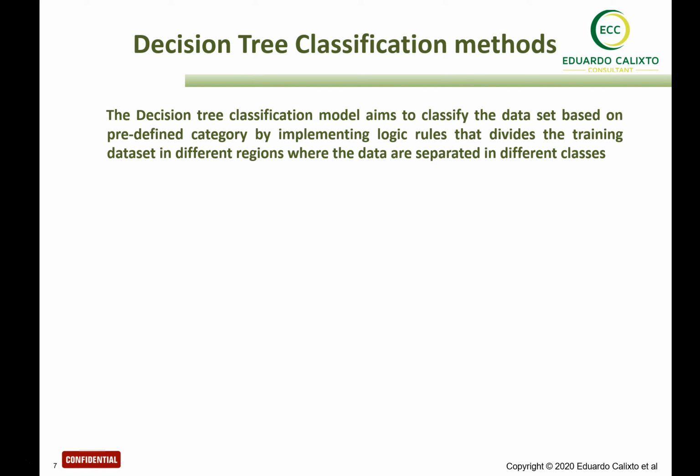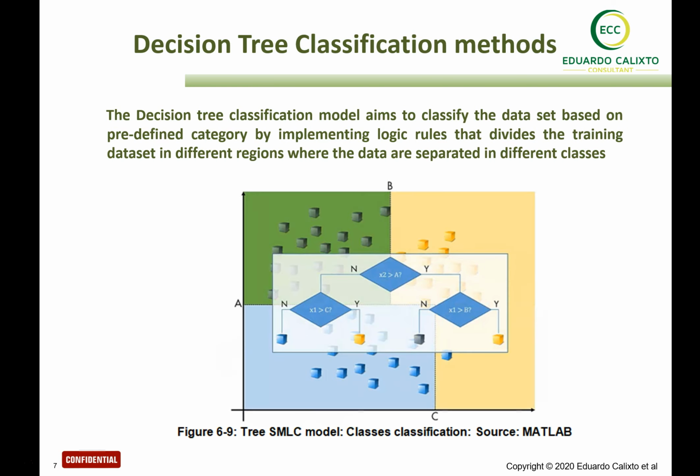The decision tree model aims to classify the data sets based on predefined categories by implementing logic rules that divide the training data set into different regions where the data are separated into different classes. So it's very easy to understand based on a graphical representation.